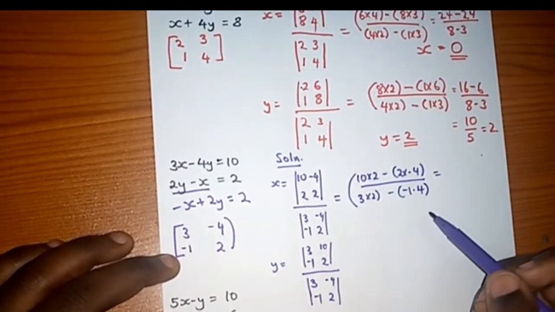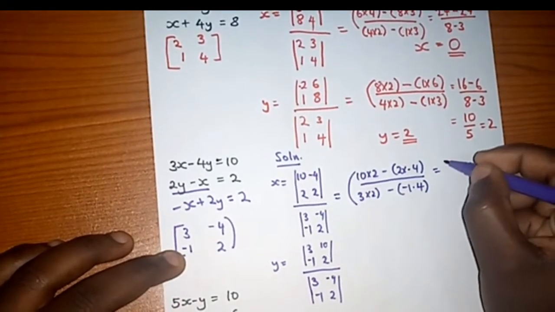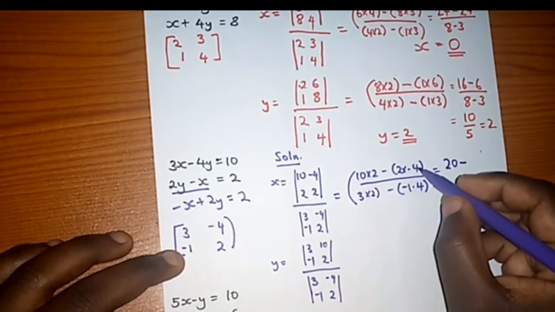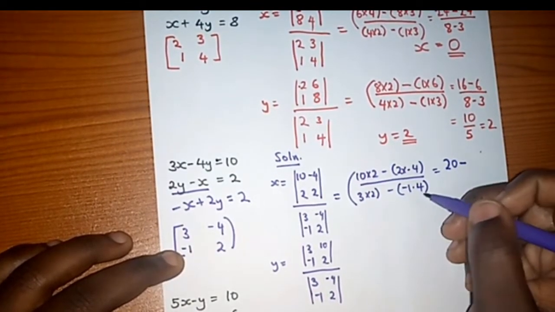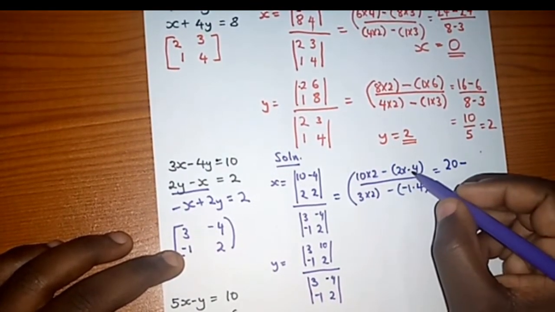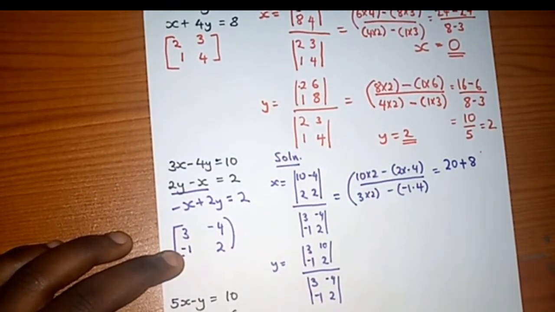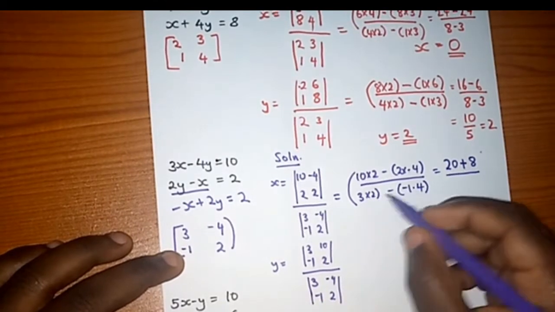So this is the same as 10 times 2, I get 20, minus 2 times negative 4, I get negative 8, but there's a negative here, so it becomes plus 8. Out of 3 times 2, I get 6.